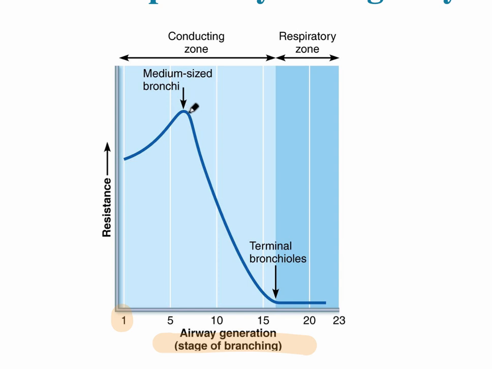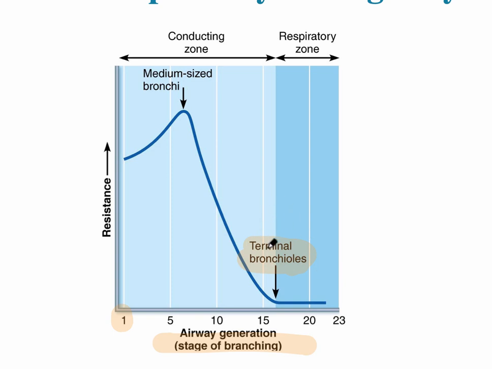And then as they get smaller, the resistance decreases because there are so many more bronchioles. So the air can spread out into many smaller tubes. That's the big advantage of having so many generations, so many bronchioles. At this point, we have the terminal bronchioles.